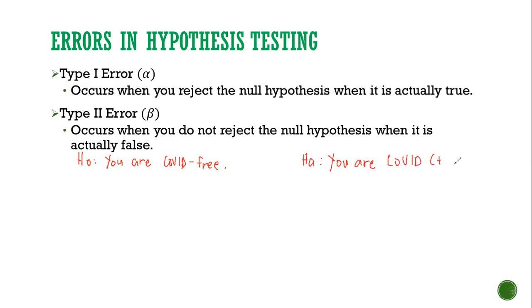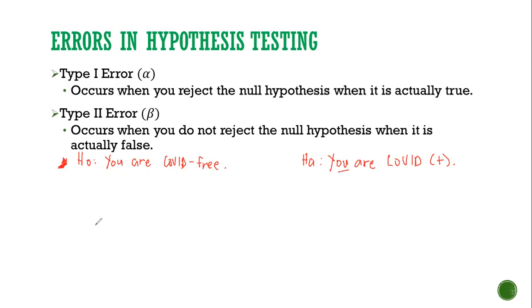Yan na lang. Yan. So kunyari, we have two hypotheses. So situation lang to so that you will understand type 1 and type 2 error. Okay, so your null hypothesis, this is the one being tested ha. This is the one being tested. Kung true ba siya or false. So kung true siya, ibig sabihin, you are COVID-free. Kung false siya, ibig sabihin, you are COVID positive.